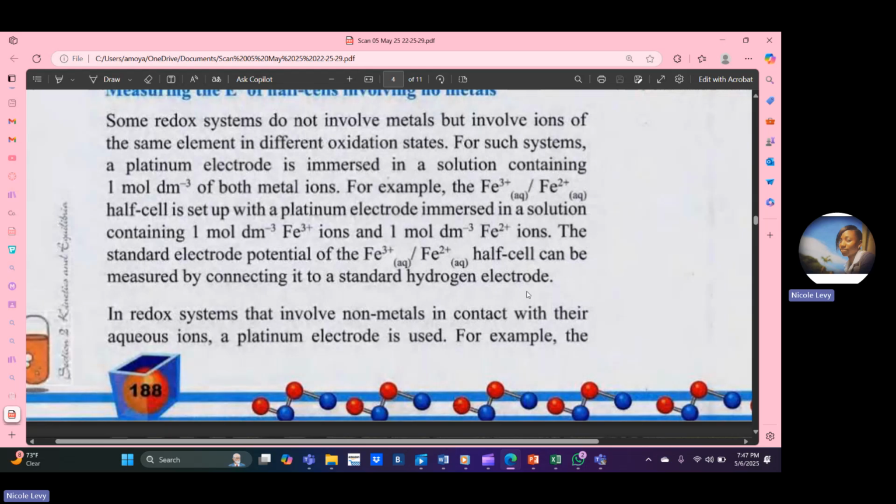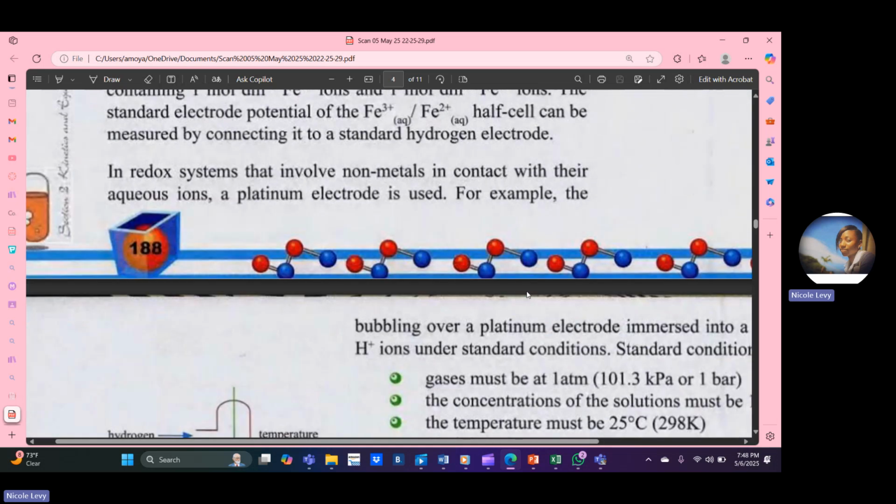The standard electrode potential of the Fe3+/Fe2+ half cell can be measured by connecting it to a standard hydrogen electrode. In redox systems that involve nonmetals in contact with their aqueous ions, a platinum electrode is used. So if you're looking at nonmetals and you don't have a metal, the easiest resort is platinum.